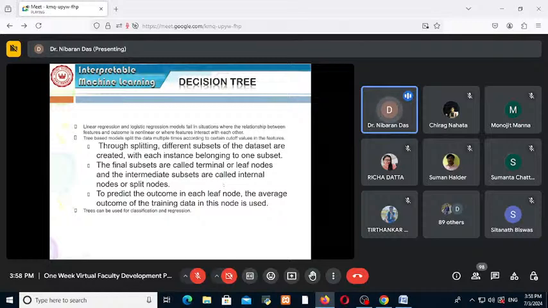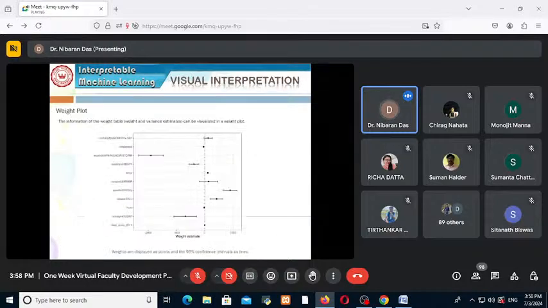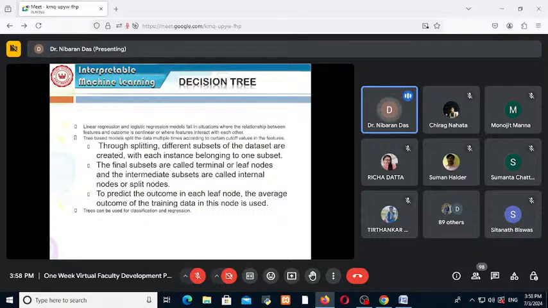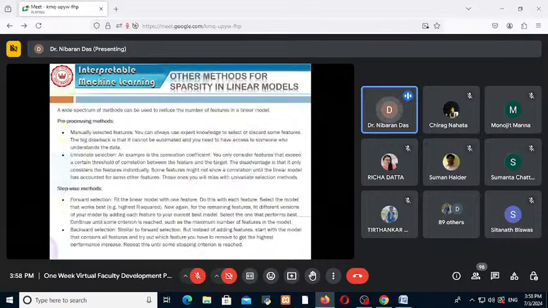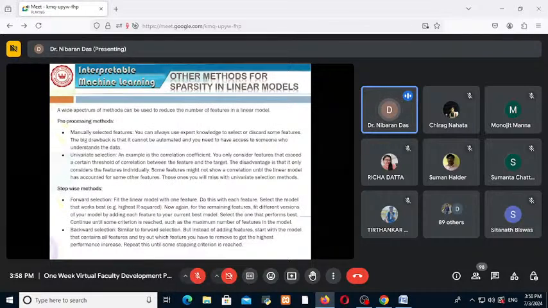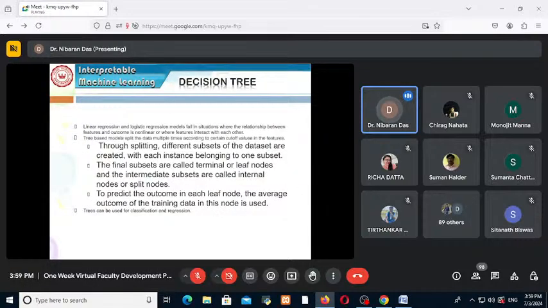Now, decision tree: linear regression and logistic regression models fail in situations where the relationship between features and outcome is nonlinear. Here, in logistic regression, you just plot them in the logistic way, and you could use them for classification purposes, because here we have discussed mainly regression, but if you use logistic regression, then you could utilize them for defining the corresponding classification task.